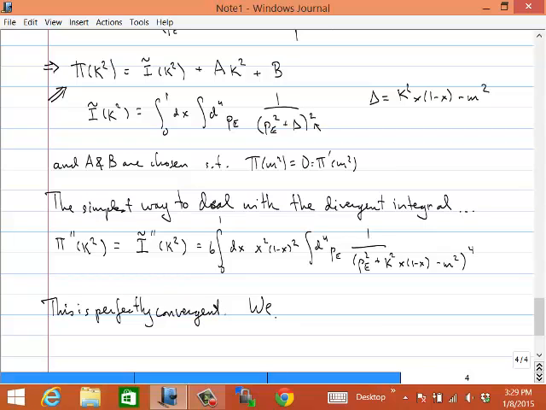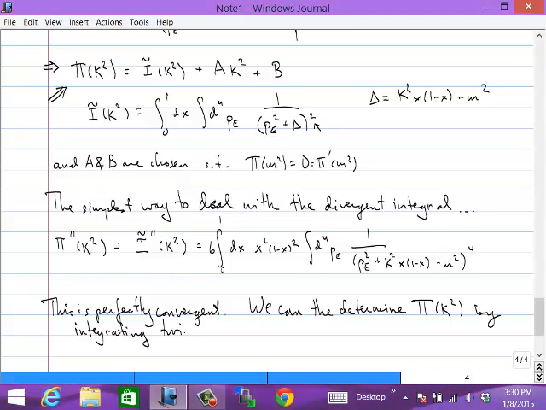And so given this convergent answer for the second derivative of pi, we can then determine pi of k squared by integrating this twice with respect to k squared, and imposing our physical conditions in order to fix the constants of integration that appear when you perform those two integrals.